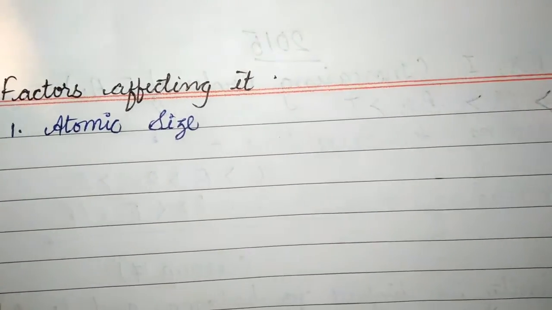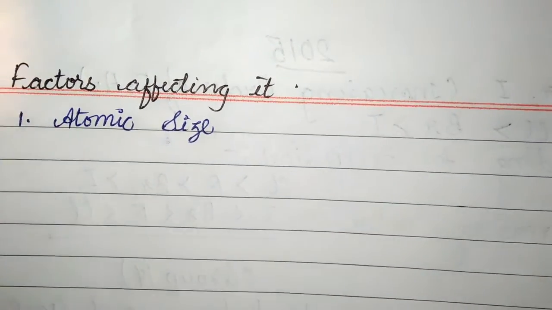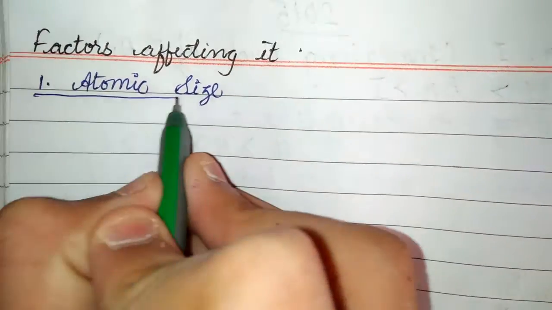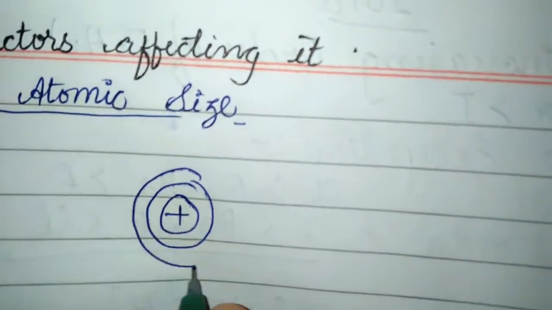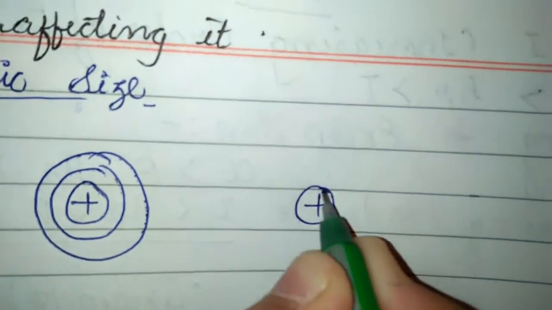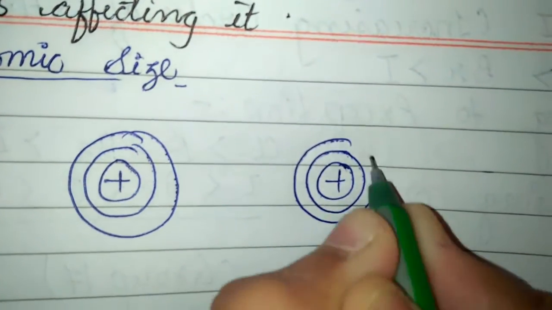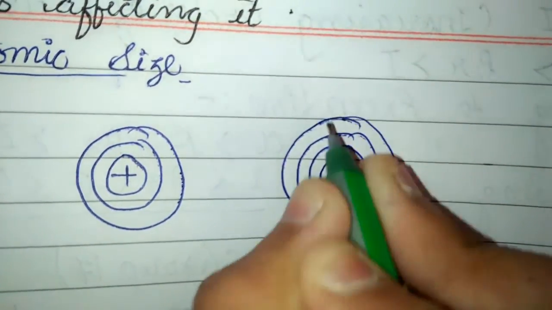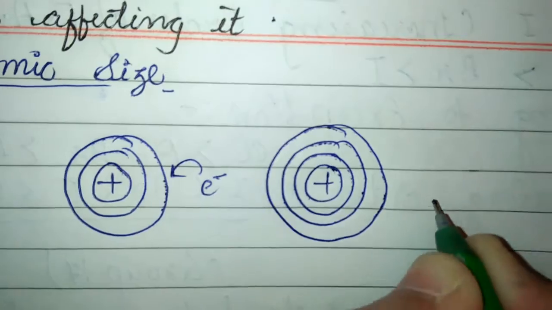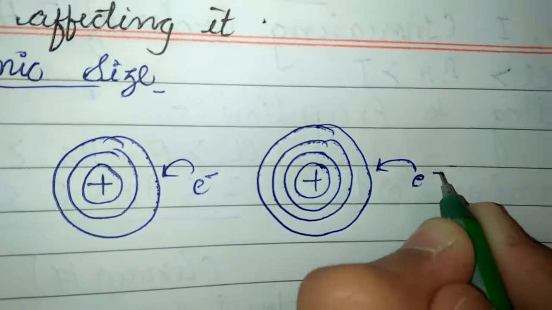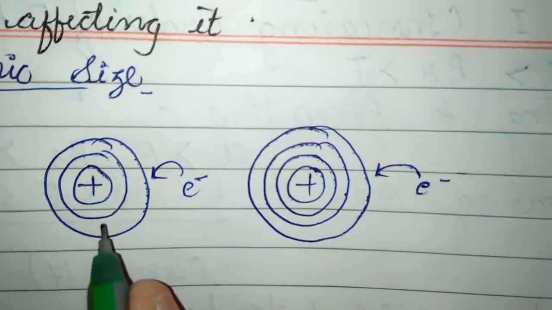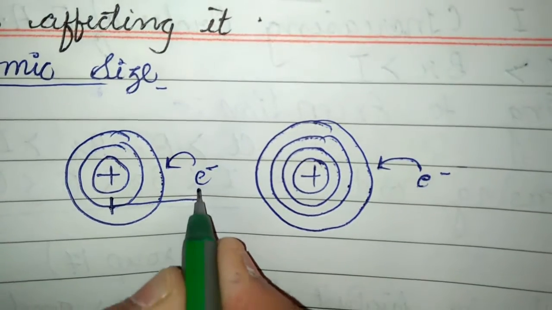Now we will discuss the factors affecting electronegativity. First factor is atomic size. Let's take two atoms, one containing 2 shells and another containing 3 shells. This is the incoming electron. Now you can see the distance between the nucleus and the electron.